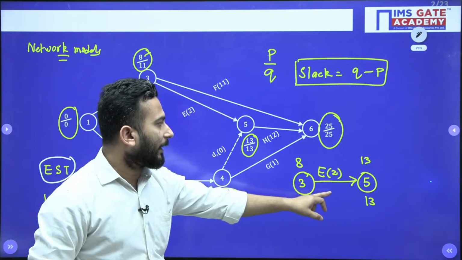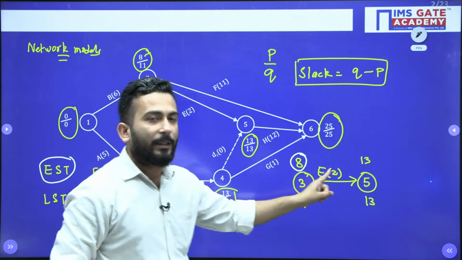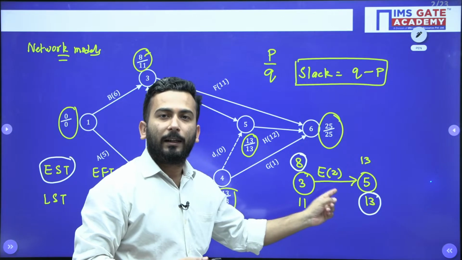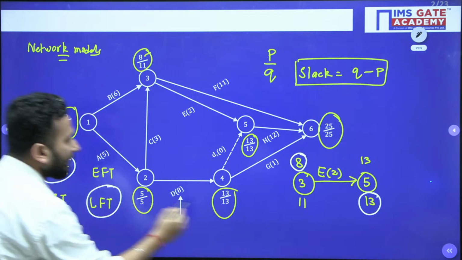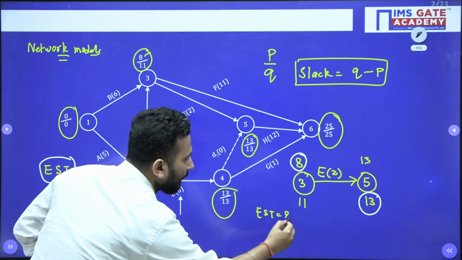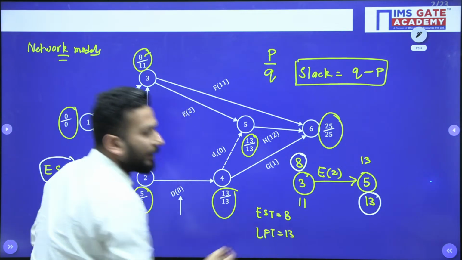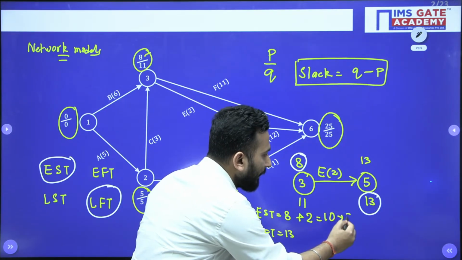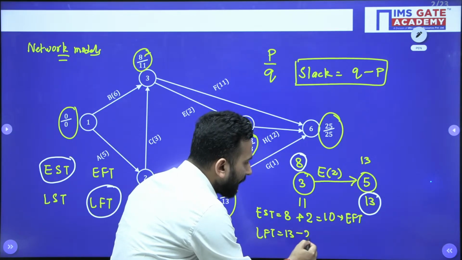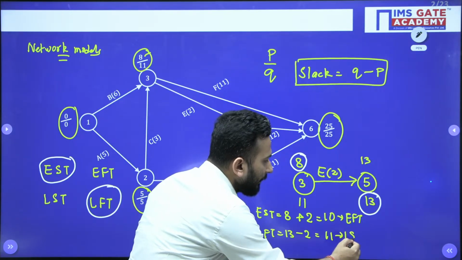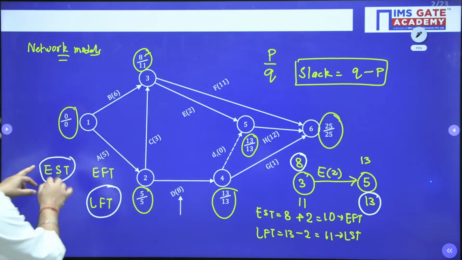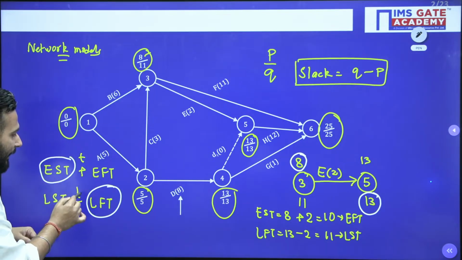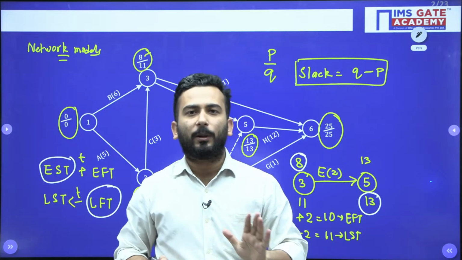For example, 8 is giving you the EST for activity E, and 13 is giving you the LFT, latest finish time, for this activity E. If you add the activity time, you get the EFT, and if you subtract the activity time, you get the LST. So we have got all 4 times.